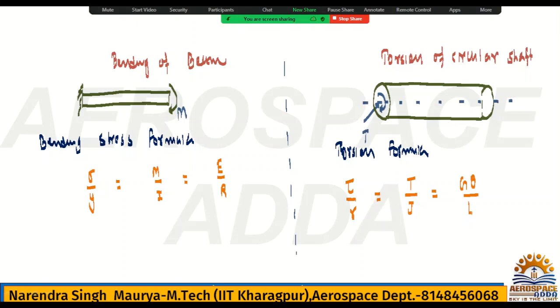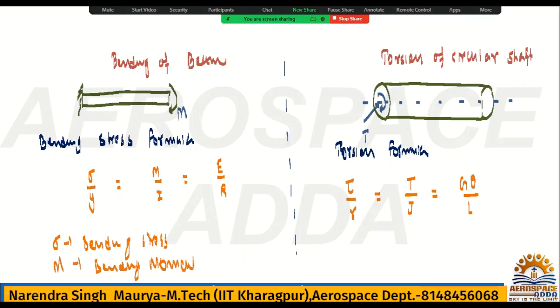Why am I saying analogy? Because here it was bending moment, so sigma was bending stress and M was bending moment. Here tau is the shear stress, so T is what?